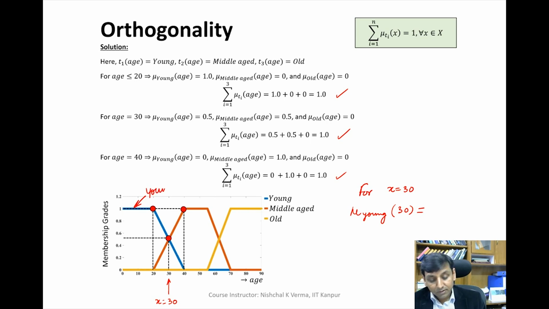At x is equal to 30, we get its membership value 0.5.